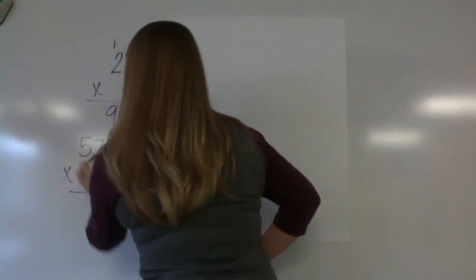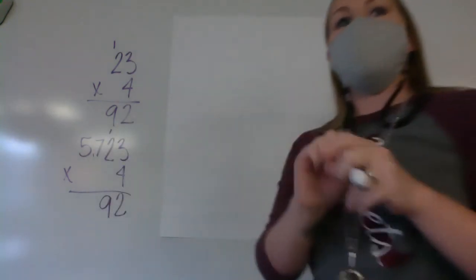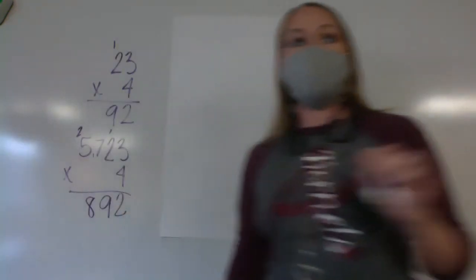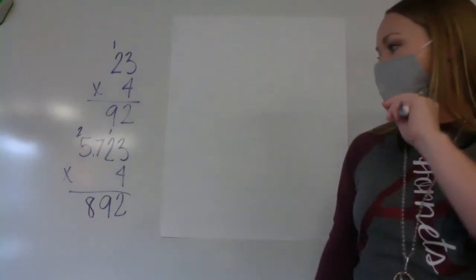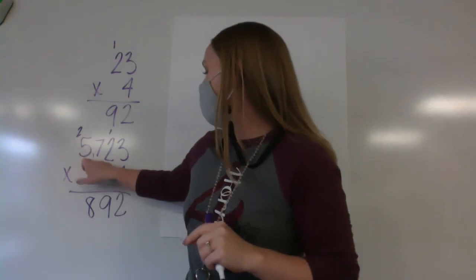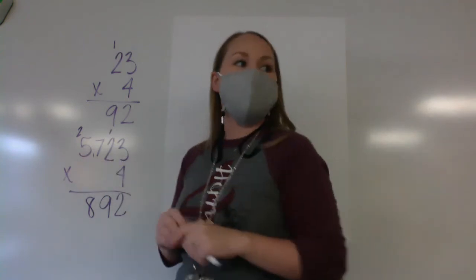So let's see. 4 times 7, Jorian, what's 4 times 7? 28. So I'm going to write the 8, and I carry the 2, because the tens place was a 2. Then I'm going to have 4 times 5. What is 4 times 5, Dante?